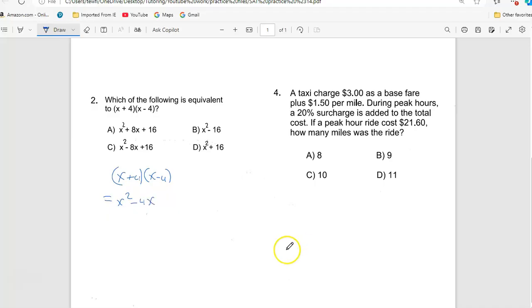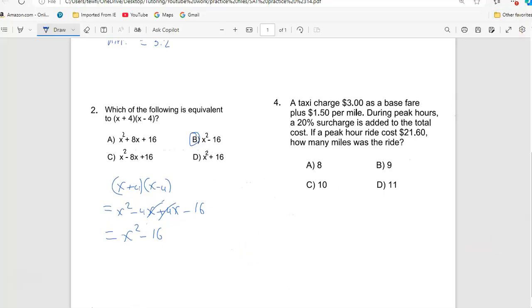And the product of the inner, x times positive 4, is positive 4x. They cancel each other. And the last will be positive 4 times negative 4, that is negative 16. So your answer should be x squared minus 16, which is choice B.